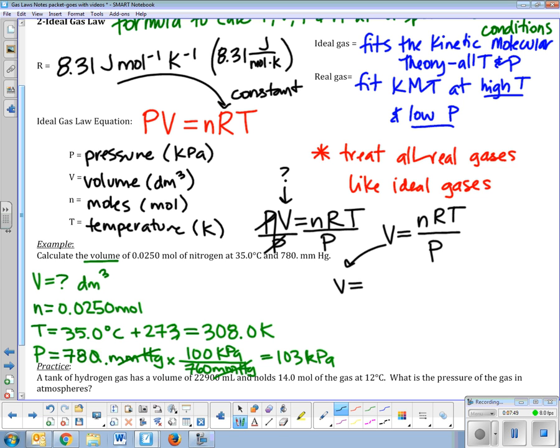So N is 0.0250 moles. My R is 8.31 joules per mole Kelvin. My temperature is 308.0 Kelvin. All of this divided by my pressure of 103 kPa.